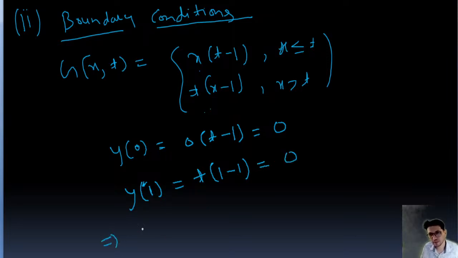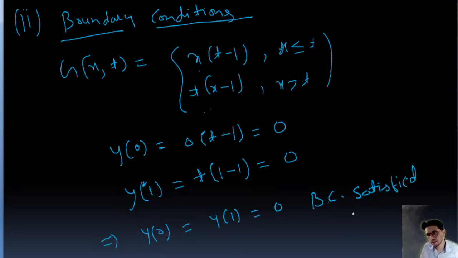So both values are 0: y at x equal to 0 equals y at x equal to 1 equals 0. So the boundary condition is satisfied. So the second condition is also satisfied.